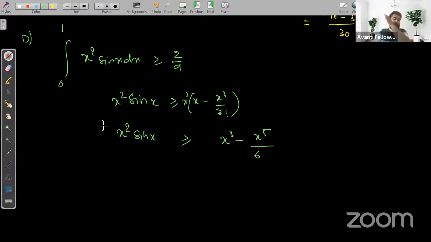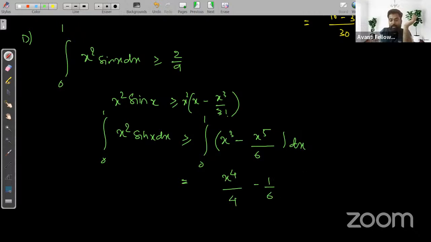Now integrate from 0 to 1 on both sides. If I integrate this, we get x to the power 4 by 4 minus 1 by 6 times x to the power 6 by 6.